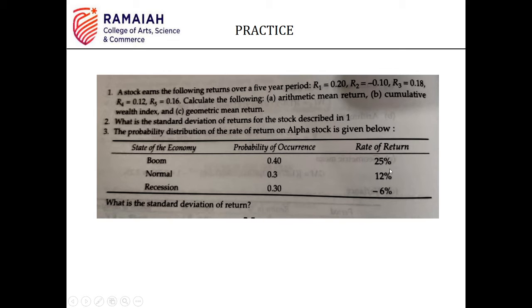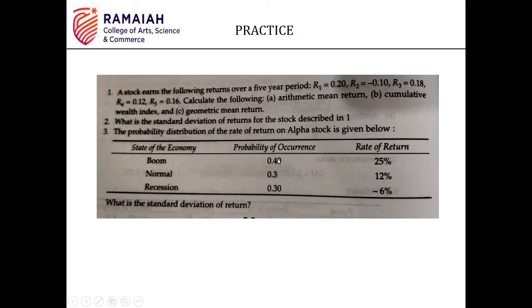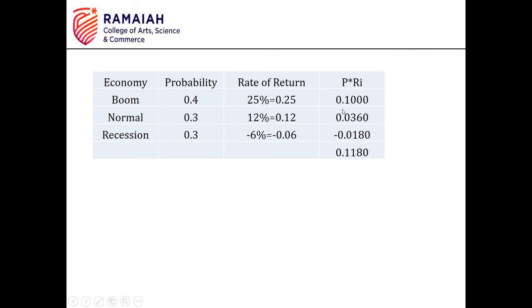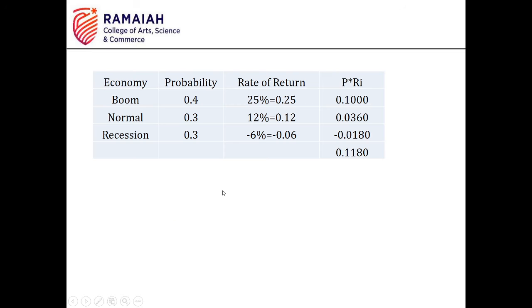When it is boom, the rate of return will be very high because stocks will be doing very well. When it comes to normal, it is okay. When it comes to recession, it will be negative because your stocks are not doing so well and you will be facing losses. This is how you calculate your returns. I have exactly taken this entire table. How do you calculate expected return? Though they have not asked to calculate standard deviation, first you need to start from mean.